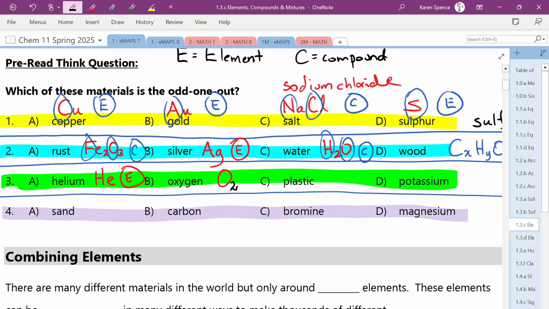Plastic is made of C, we don't know how much, and H, we don't know how much, and O, we don't know how much. And guess what? Wood and other organic matter, like animals and other plants, all die off at some point, and then they get buried under layers of earth.